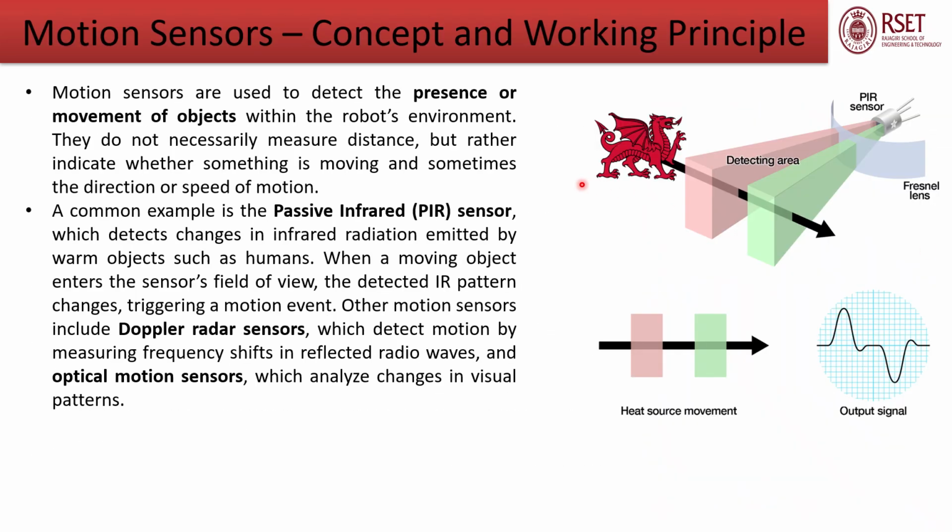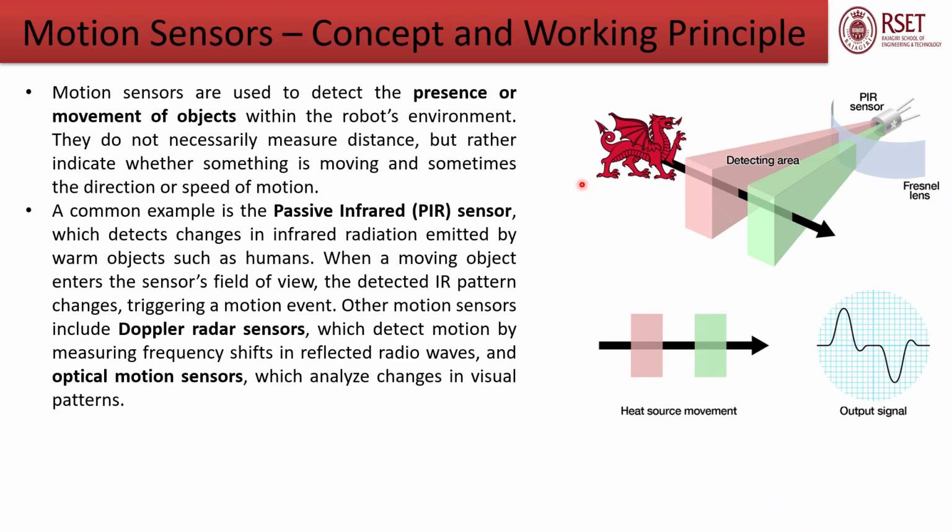Now we'll see the motion sensors in detail. We'll see the concept and working principle of motion sensors. Motion sensors are used to detect the presence or movement of objects within the robotics environment. They do not necessarily measure distance, but rather indicate whether something is moving and sometimes the direction or speed of motion. A common example is the passive infrared sensor, which detects changes in infrared radiation emitted by warm objects such as humans.